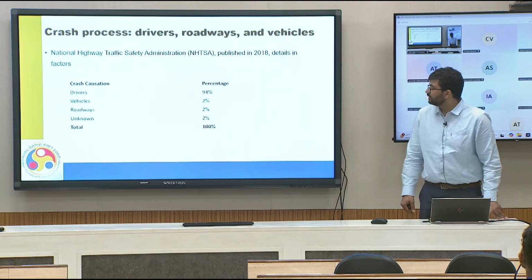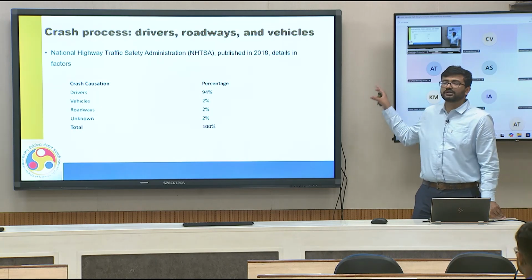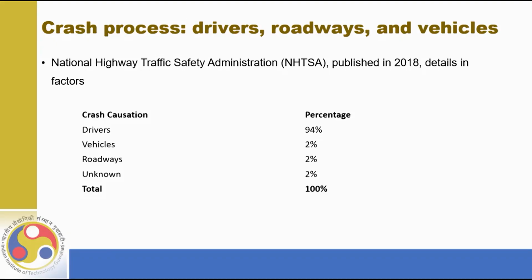Now, if we see the percentage contribution of these different factors, this is a study done in the US in 2018, and the study was done with approximately 5,500 data.